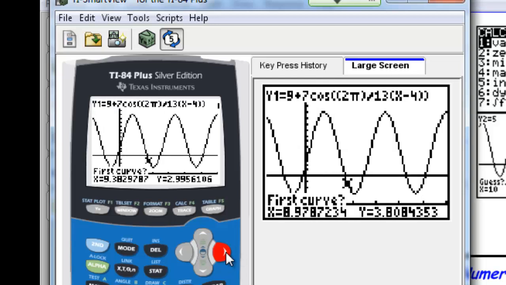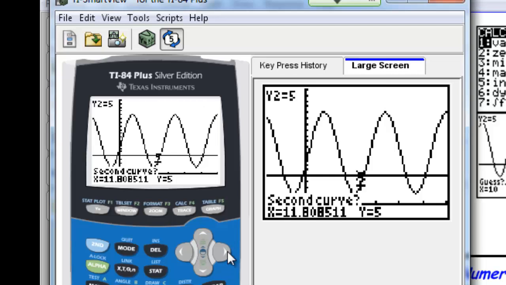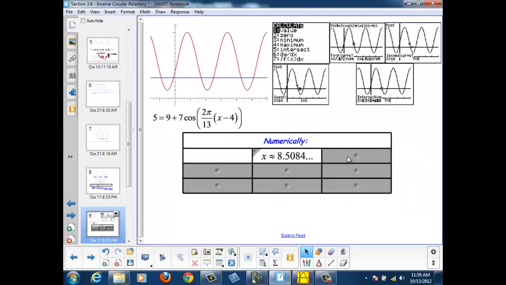And I'll move over closer to that second positive solution for my left bound, to the right side of the intersection on the other curve for my right bound, and my guess. And here my solution is 12.4915. So now I have these two solutions, 8.5084 and 12.4915.